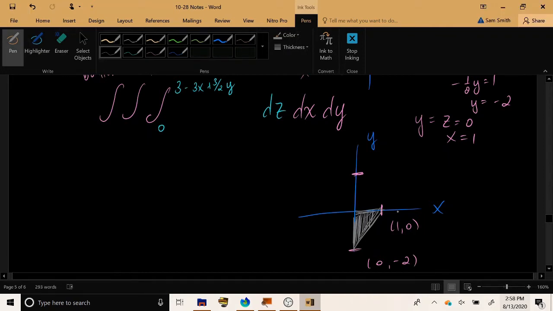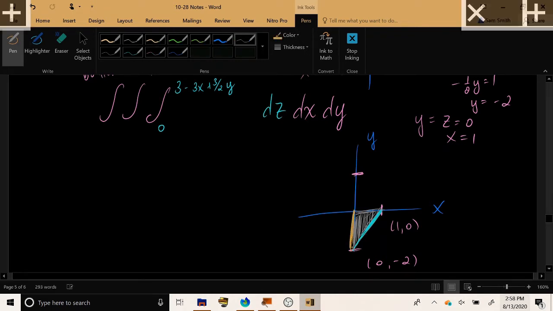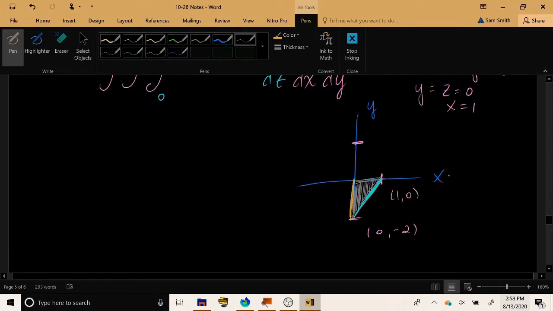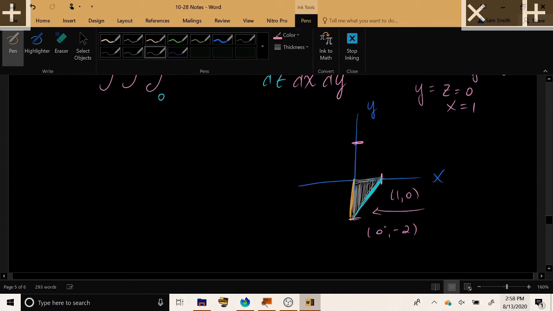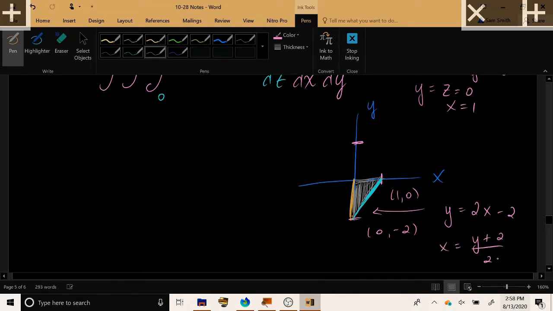With the order dx, dy, we need to identify the function bounding this region on the right side and the function bounding it on the left side. On the right side, we have the line that goes from 0, negative 2, up to 1, so a slope of positive 2 and a y-intercept of negative 2. If I rearrange and solve for x, I get x equals (y plus 2) over 2 for the right limit.